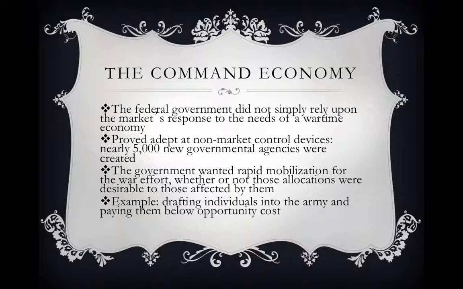So, for example, if you have somebody who's making, back then, $500 a year, let's say. If you draft them in the Army and pay them $100 a year, you're not compensating them for that $400 difference. So you're forcing the individual into an occupation that they don't want to have, and then you're paying them below the opportunity cost, so you're actually making that individual worse off. So that's one means that a government can get the resources it needs by drafting individuals.